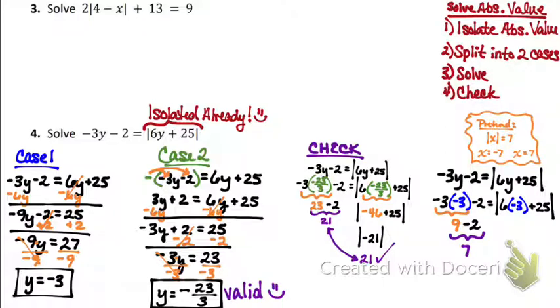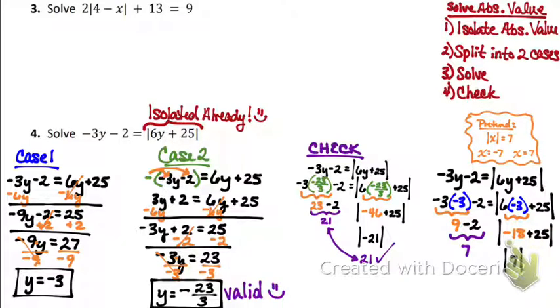I'm going to multiply the 6 and negative 3 together. What is 6 times negative 3? Negative 18. Negative 18 plus 25 is 7.